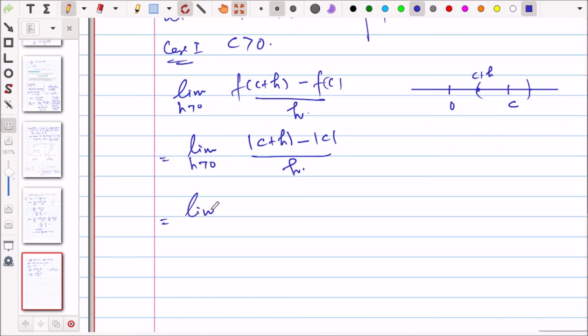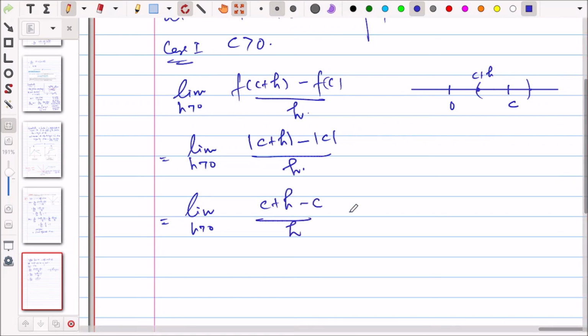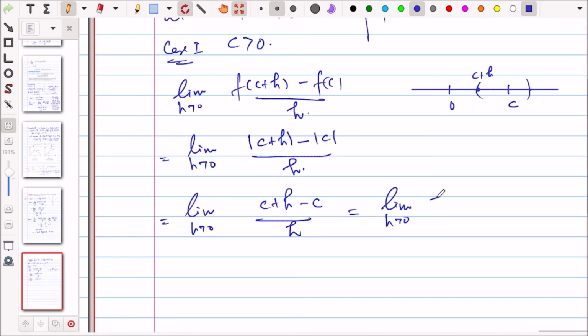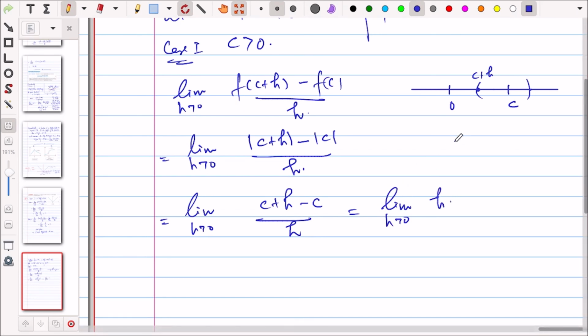So c plus h will also be positive. It may be that h is negative or positive, but we can take h arbitrarily small so that c plus h also comes out positive.